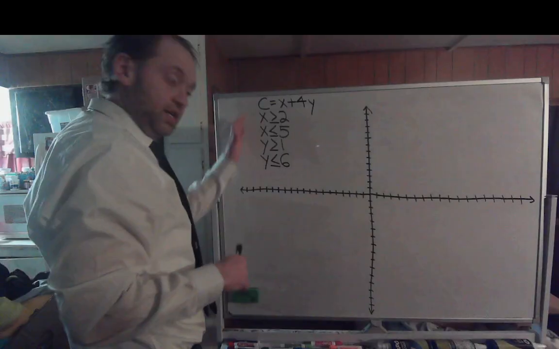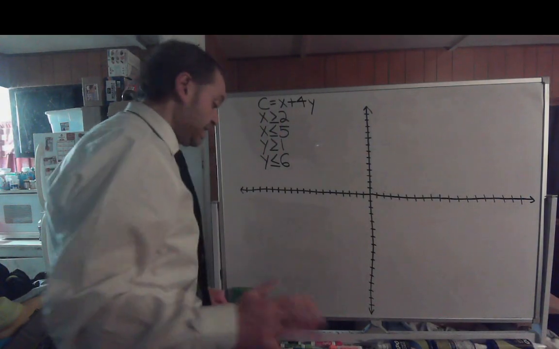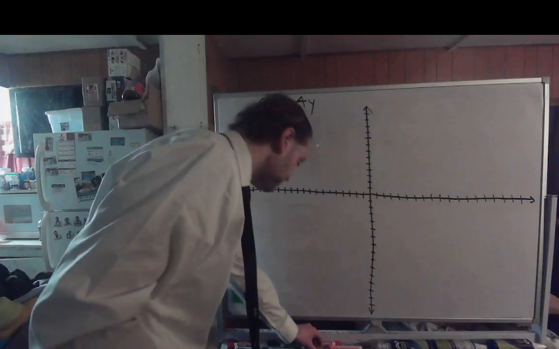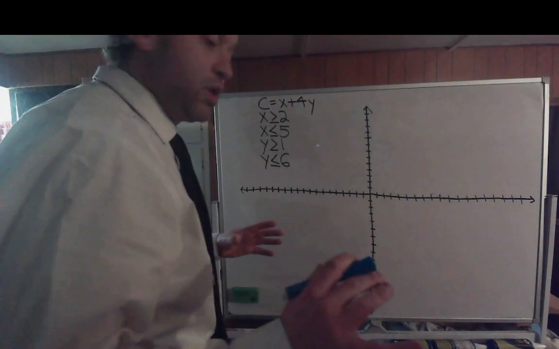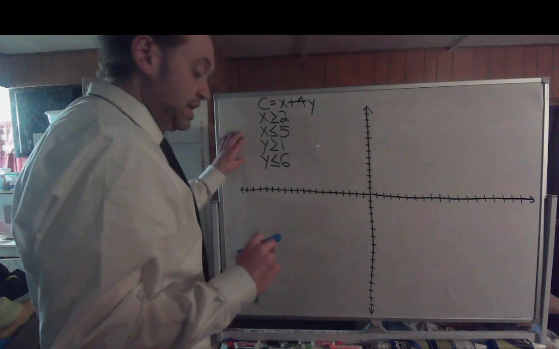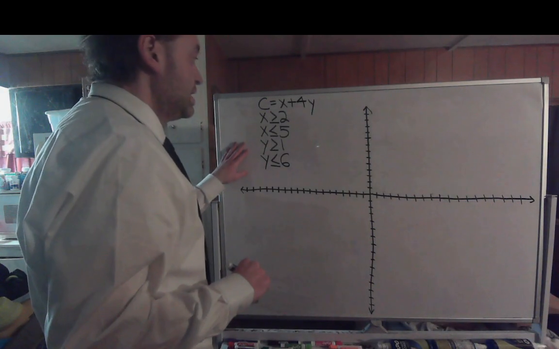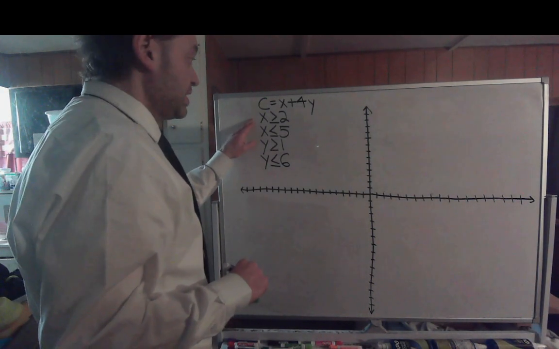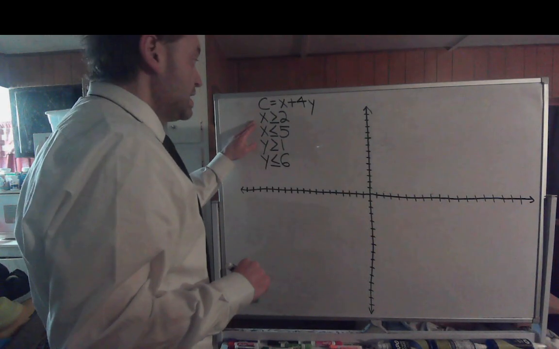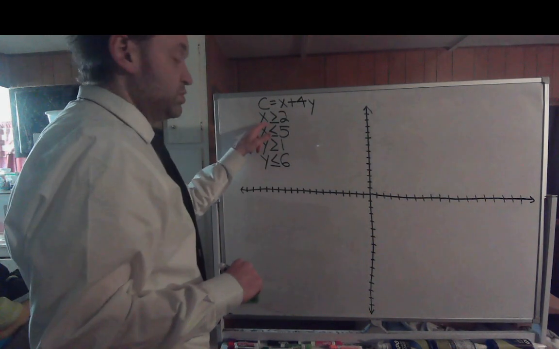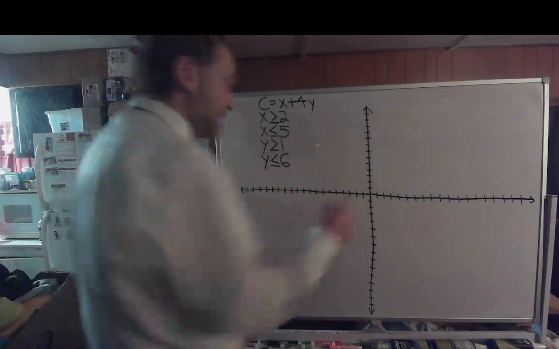So first thing you want to do is figure out your inequalities, right? I'm probably going to do all these in one color. It's going to be a lot easier that way. So if x is greater than or equal to 2, that means you have the equal to component. You'll draw a vertical line through x equals 2.